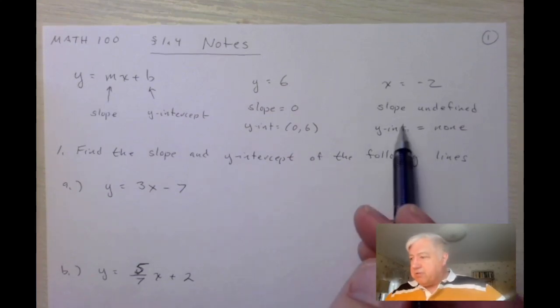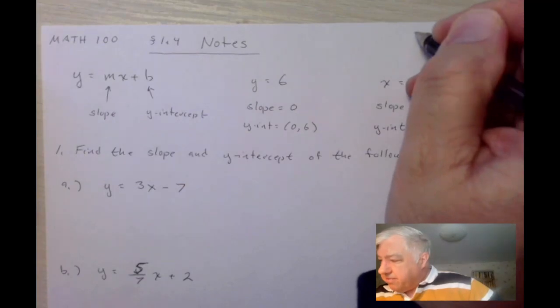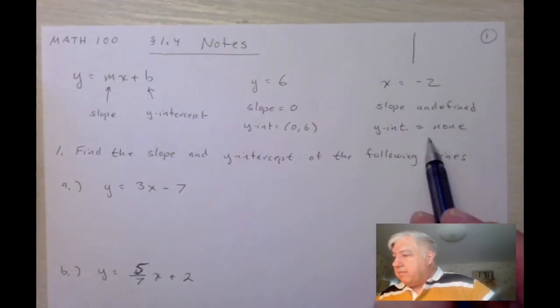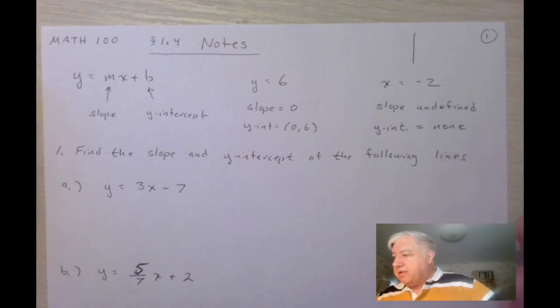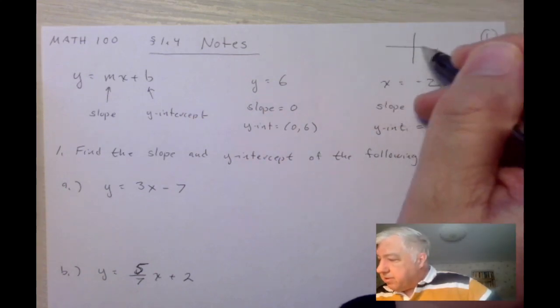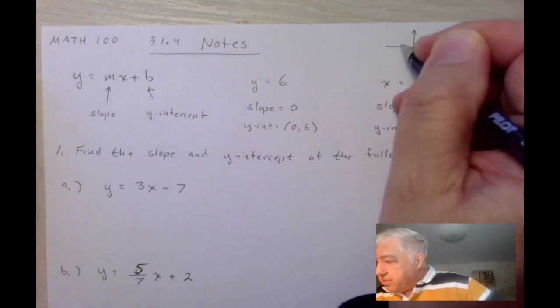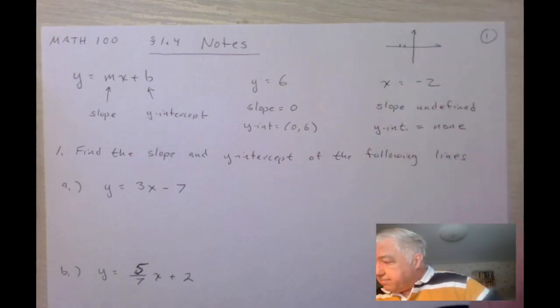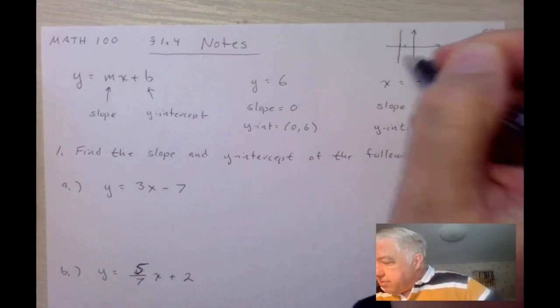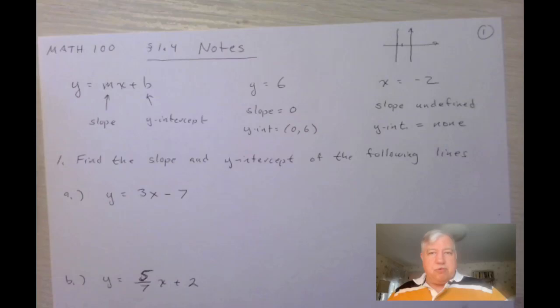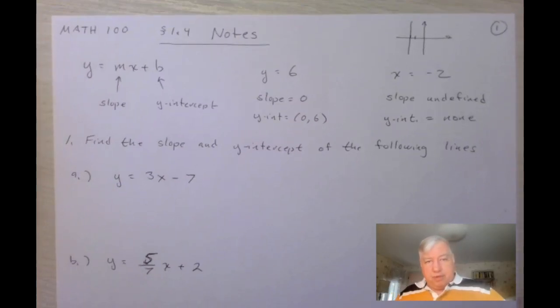So the slope would be undefined because this is a vertical line, and the y-intercept in this case would be none. Okay, so there's an x-intercept, but there's no y-intercept in that case. All right, so these are kind of the two degenerate cases.